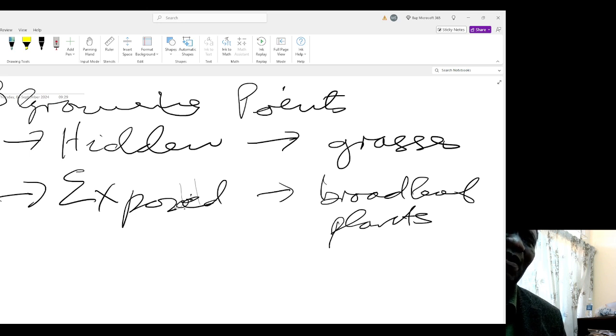But broadleaf plants with exposed growing points, they could be killed. So you could use the same herbicide on broadleaves as well as grasses. The grasses are going to survive because of hidden growing points.